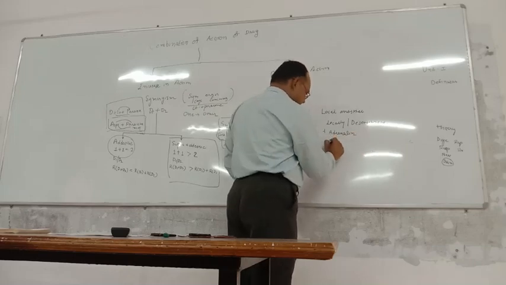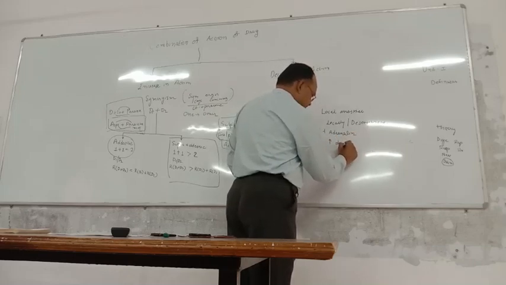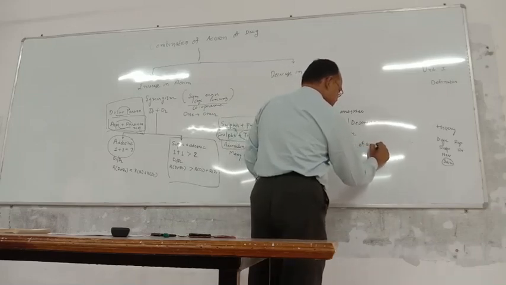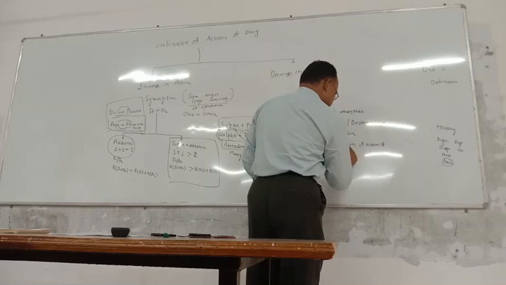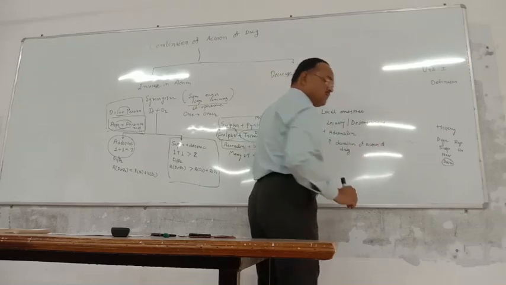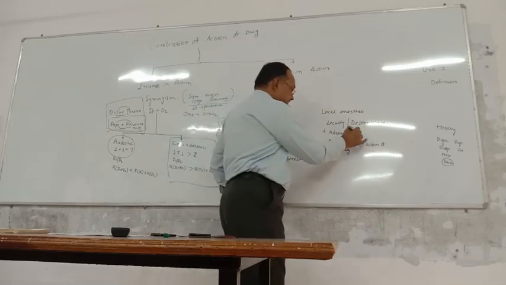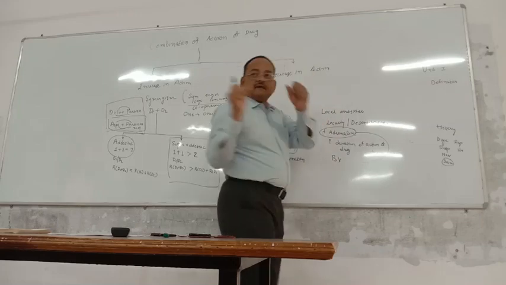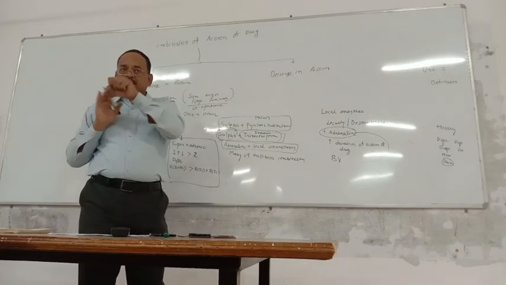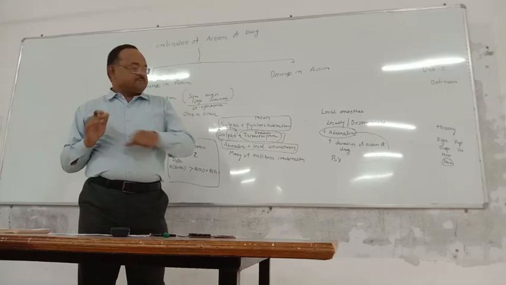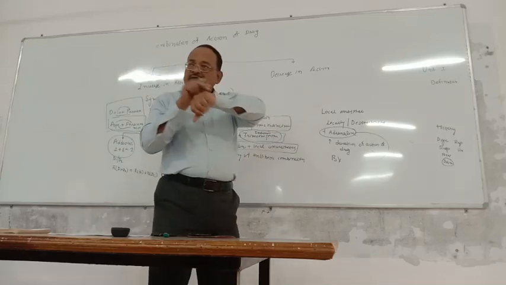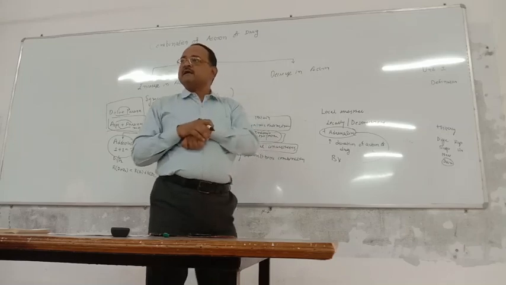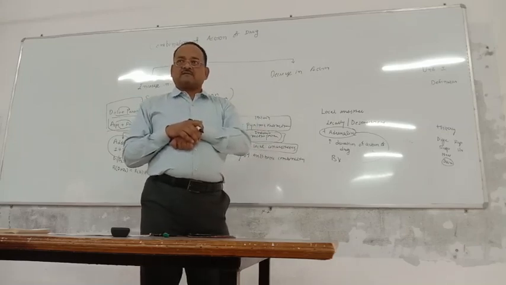It will increase the duration of action of the drug. How? Because adrenaline constricts the blood vessels. So there is less blood flow, that means whatever we have injected here will stay for a longer time and will produce a longer duration of action.